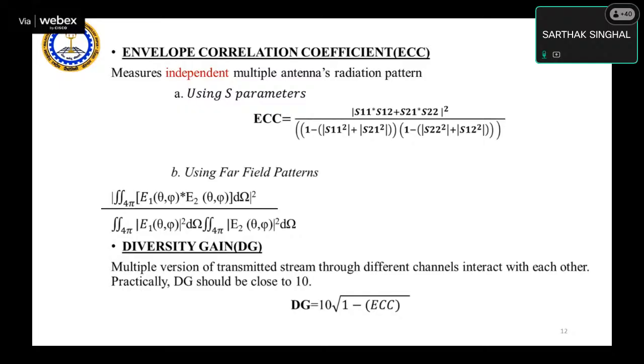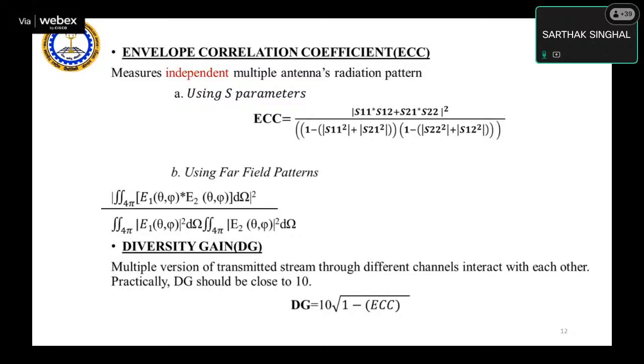Then comes your diversity gain. It defines the multiple versions of the signal, so it is all about multi-channel propagation. When all the signals are coming to the receiver end, this parameter is evaluated. It has a highest value of 10, and it is dependent on your ECC.